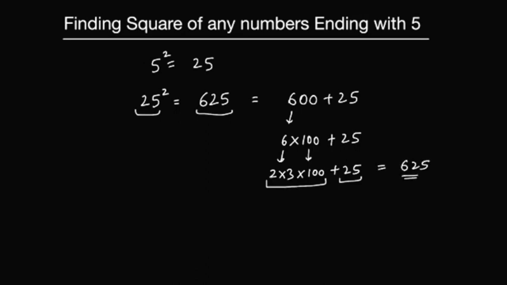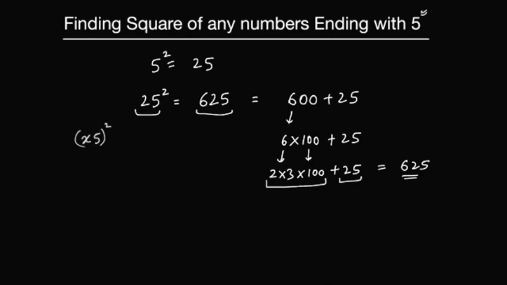But let's learn the concept behind this. First of all, we will understand how a particular number is written. Like if we say 25, how is 25 written? We have already done the splitting of 25, but if we have any other number, let us take x, and at the unit place we have 5. And if we square it, then what happens?